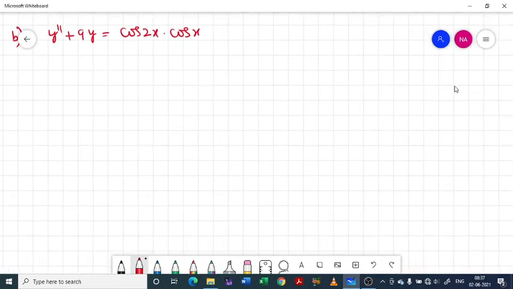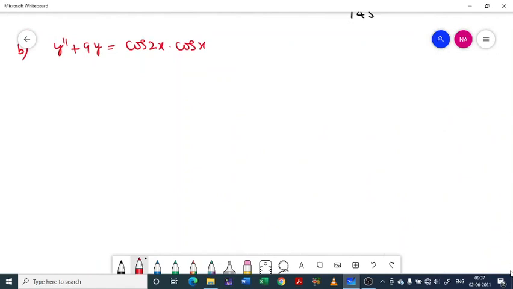So here you have a product of trigonometric functions, right? So you can recall that cos A cos B equal to 1 by 2 times of cos of A minus B plus cos of A plus B. That property we need to use now.